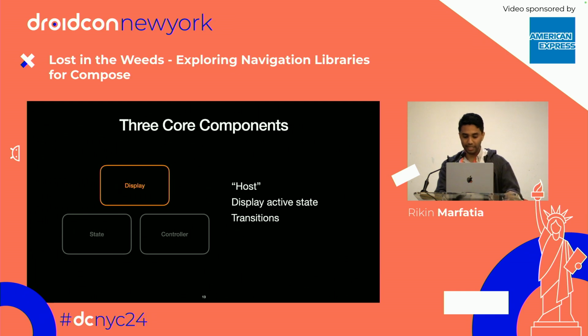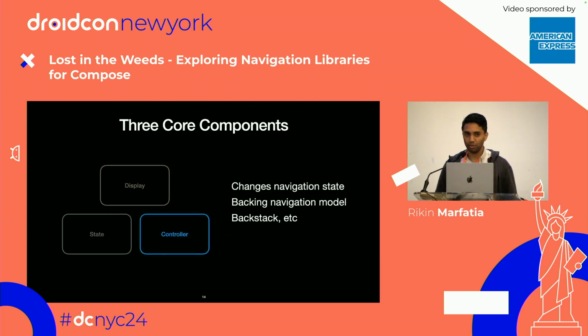The display is often referred to as the host. This is going to display your active state, and a lot of times it also handles transitioning between different states. And then you have your controller, which is usually in charge of your backing navigation model. Oftentimes that's a backstack. So the controller is what you use to actually mutate your navigation state, either by pushing new screens or popping them.